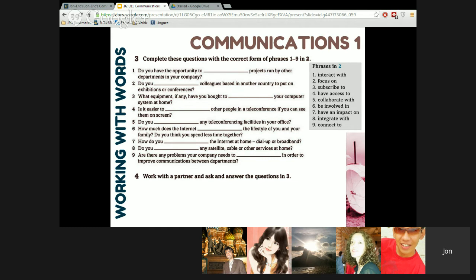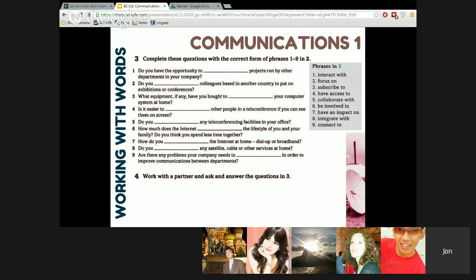Are there any problems your company needs to focus on in order to improve communications between departments? We don't have departments, but you can still answer the question. You do have a company, so. Yeah, for number 9.